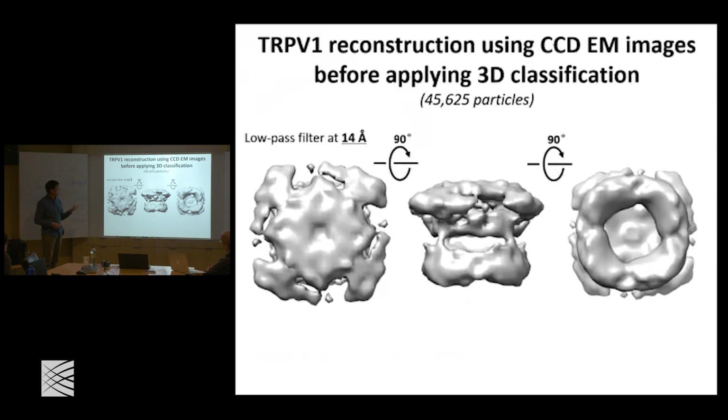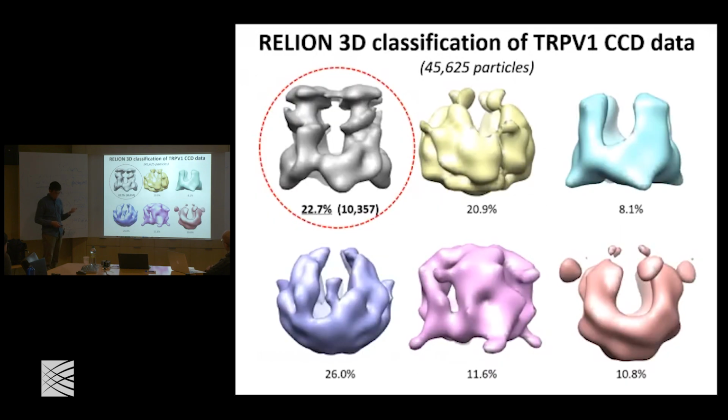Using this same data set, we asked the program to give us 6 classes, and that's what we got. Although at this stage all of them seem low resolution, immediately we identified that only this conformation is relevant. All the others are not relevant. And this class contains less than 23% of the particles.